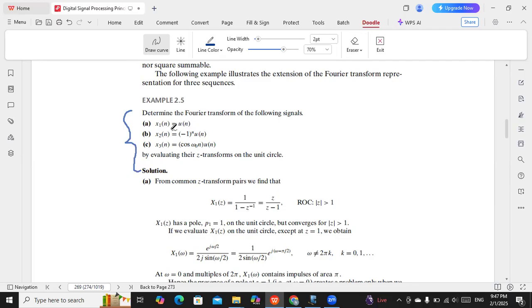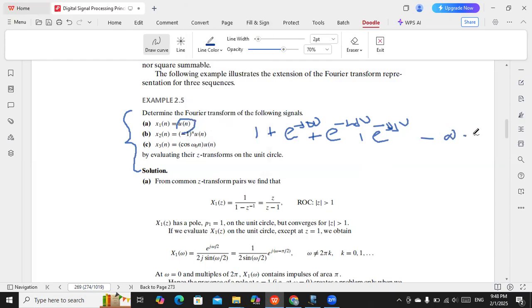These are very simple actually. You are asked to find the Fourier series of u[n]. It goes up to infinity, no? So you will have the term like 1 plus e to the power minus j omega plus e to the power minus 2j omega plus e to the power minus 3j omega, up to infinity, once you find the Fourier transform of u[n].